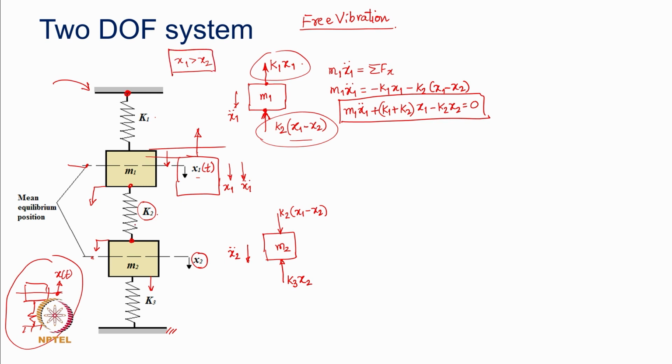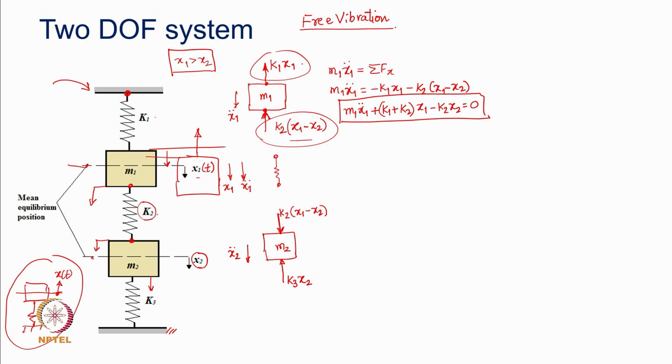This spring is going to be under compression. So, that compressed spring will try to push the mass m2 further down, and the force with which it will do so is k2 into (x1 minus x2). You can otherwise consider the free body diagram of the spring itself, and then you will get the same force.